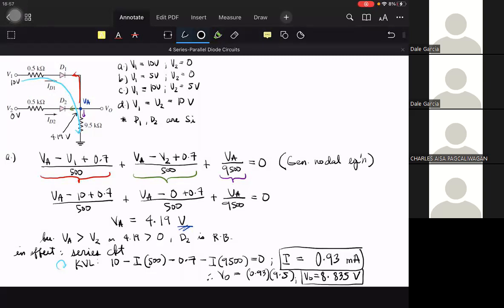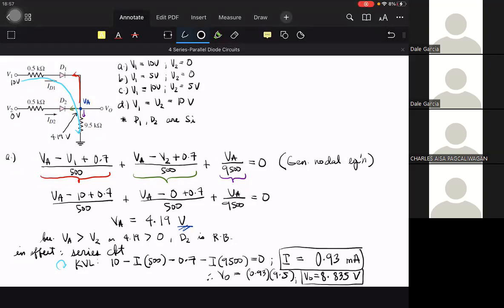This will work for case B, case C, and case D. You could practice solving case B, C, and D later, but you'd still use this general nodal equation. And if i-plug ang cases, nakuha na akong answer 4.19, which is greater than 0, V2, turning diode off. So purely series circuit na siya.